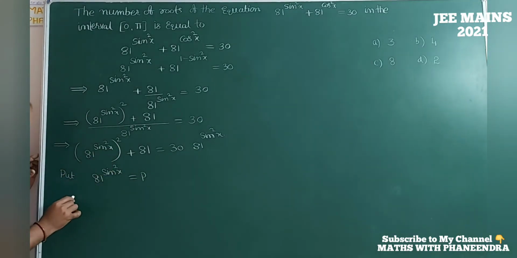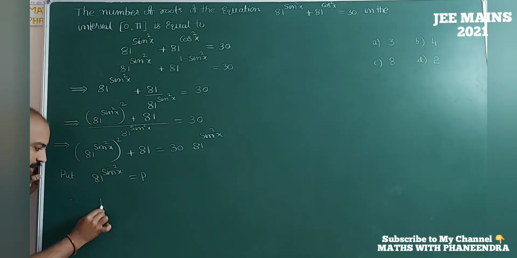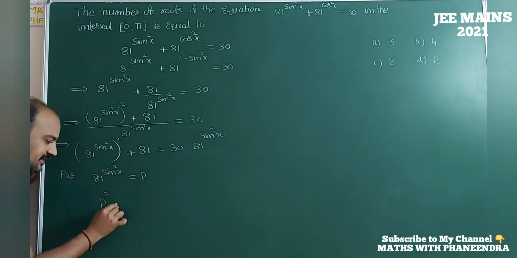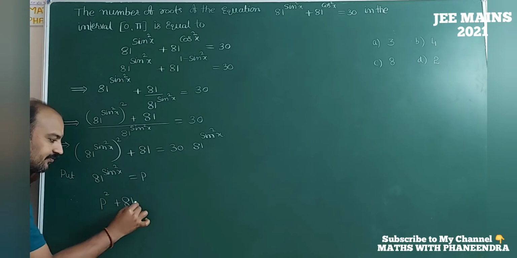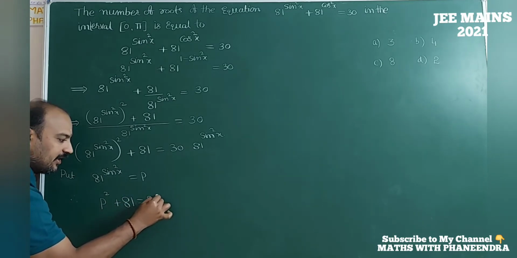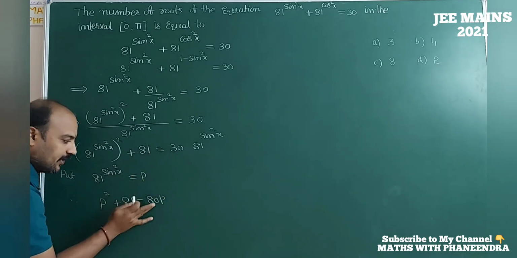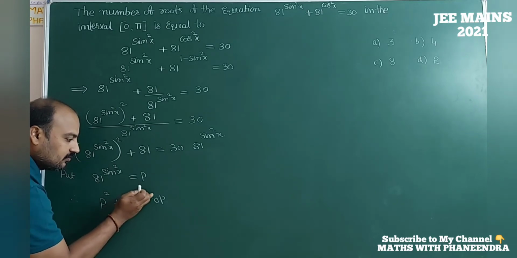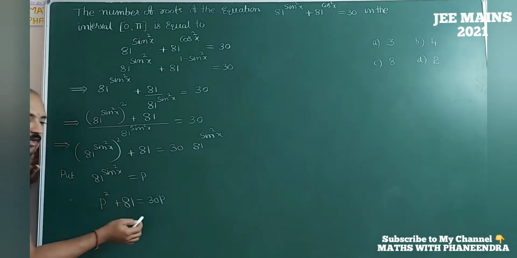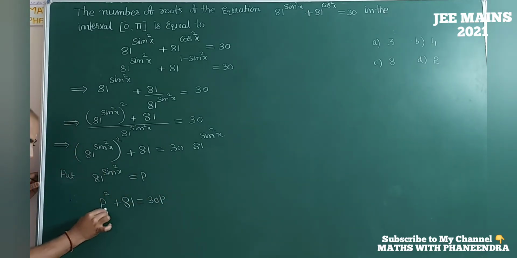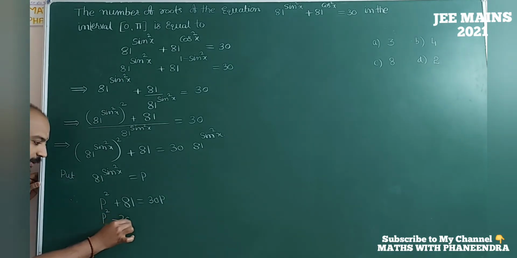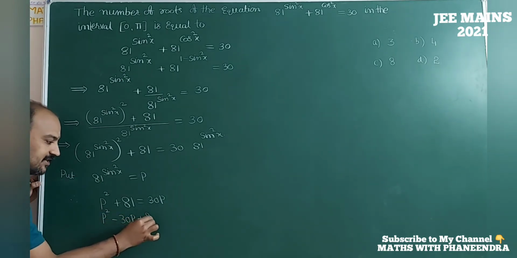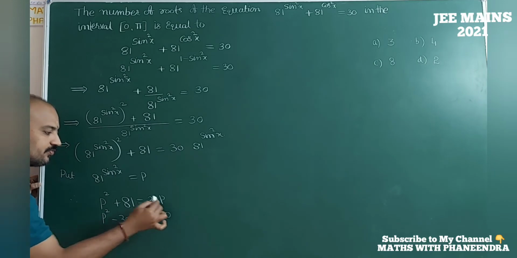So the above equation becomes p square plus 81 is equal to 30p. We can take that value to this side: p square minus 30p plus 81 is equal to 0.